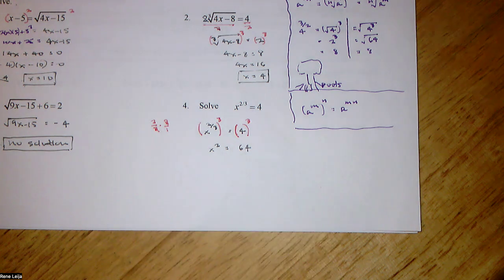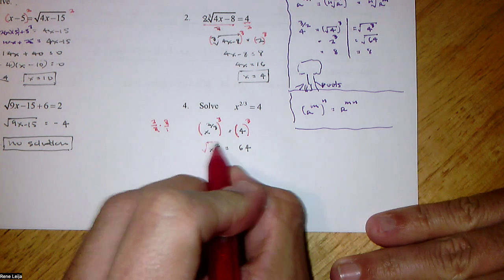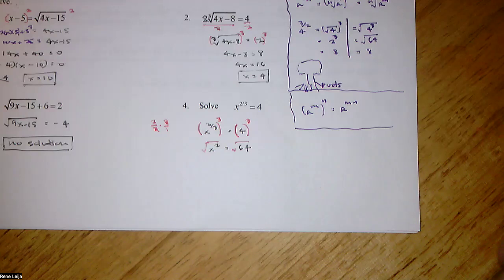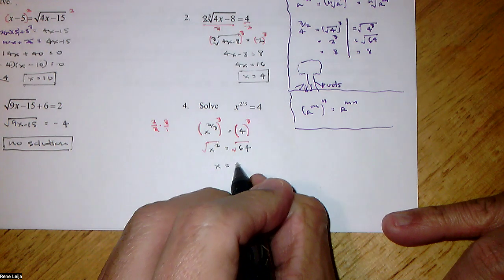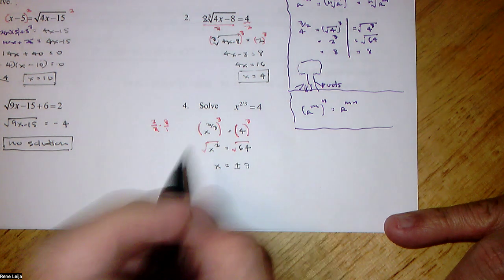Now, here, this is the square root property. So that means this is going to give us x equals, and then don't forget your plus and minus 8.